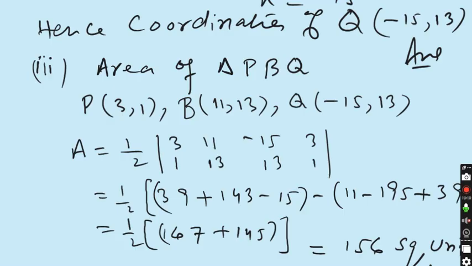So we use the formula for the area of a triangle, that is 1 upon 2 times the determinant of x1 y1, x2 y2, x3 y3 and x1 y1 again. Here x1 y1 is 3 1, x2 y2 is 11 13, x3 y3 is minus 15 13, and x1 y1 again 3 1.